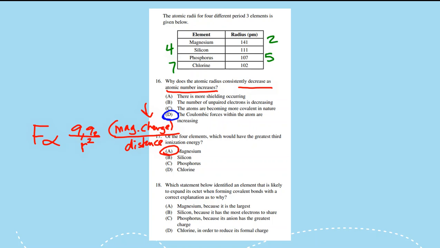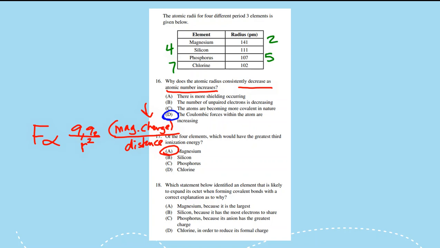Which statement below identifies an element that is likely to expand its octet when forming covalent bonds with the correct explanation as to why? Okay. I don't know if we actually really covered this one in detail, but we could probably do process of elimination.